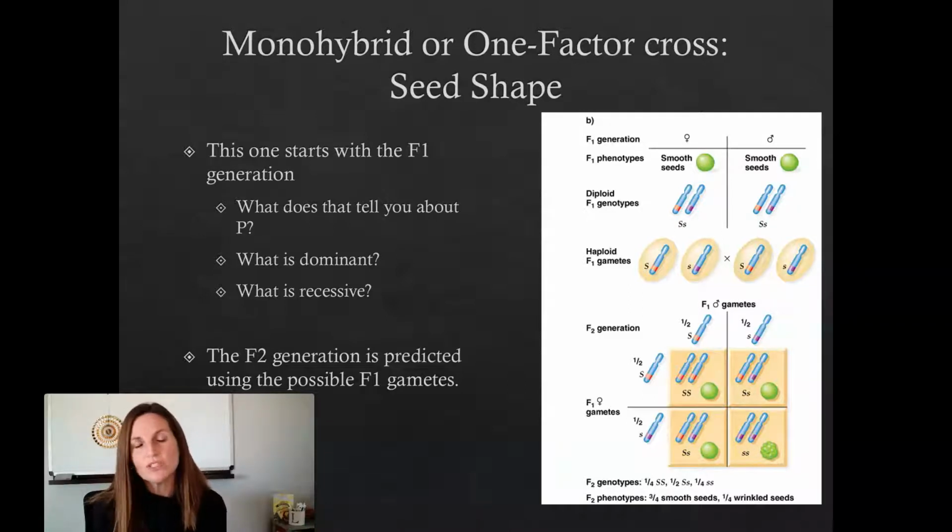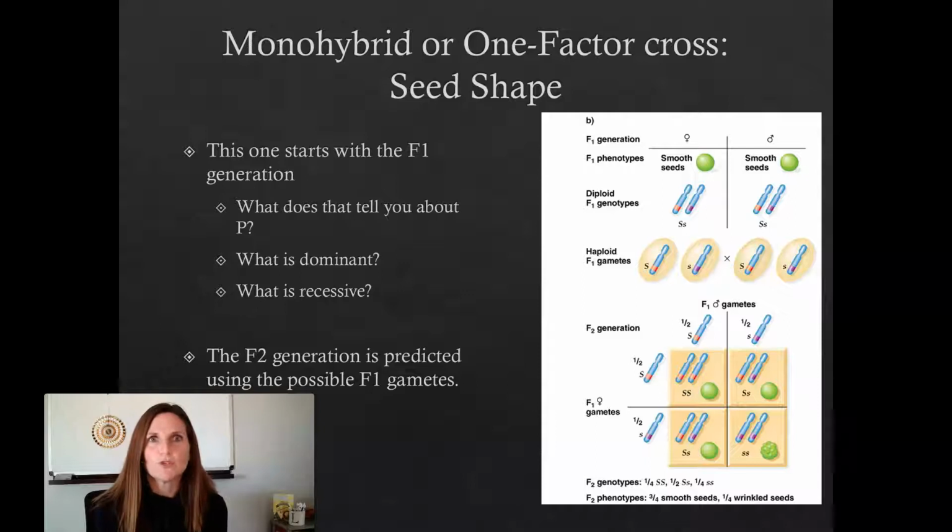And then we also see our phenotypic frequency, which is 3 smooth seeds to the 1 wrinkled seed. So we can also call that 3/4 smooth to 1/4 wrinkled. And you actually can answer either way.